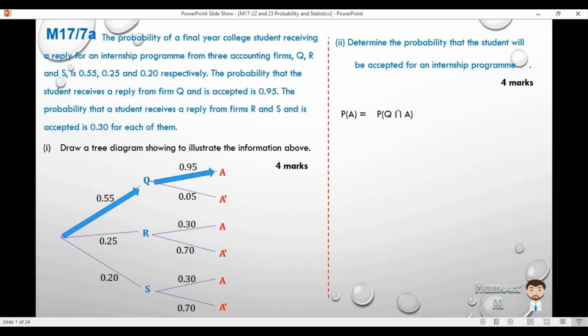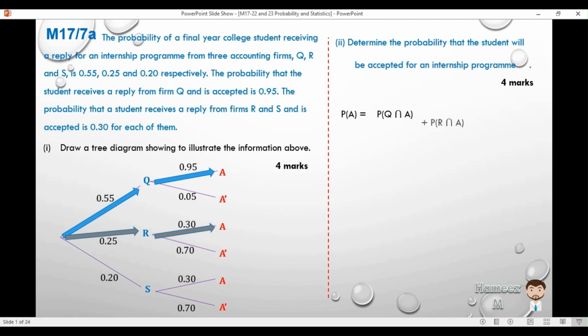The probability of acceptance would be Q and A, which is one way. The other way would be from the firm R and being accepted. So either the first part, which was blue, or the second part, which was gray, and or is represented as an addition in probabilities.